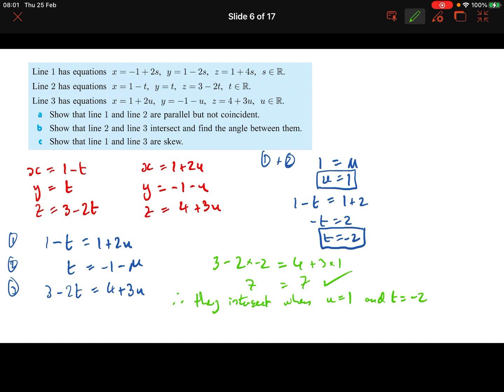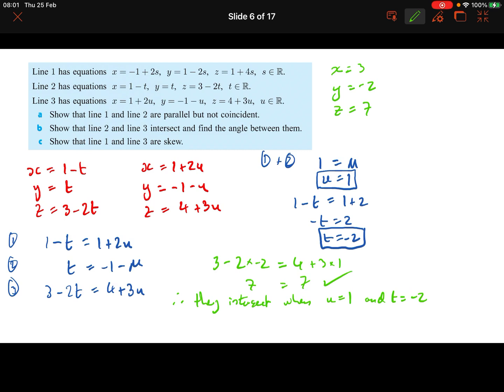Okay? And you can even find that point of intersection by merely substituting into one of the equations. I'll use the easiest one. When u equals 1, x equals 1 plus 2u, so 1 plus 2 is 3. Y equals minus 1 minus 1, which is minus 2. Z equals 4 plus 3, that's going to be 7.